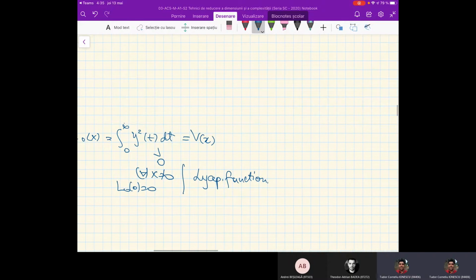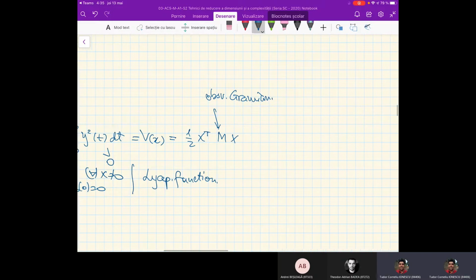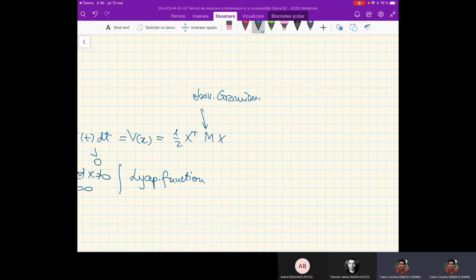And it's usually given as half x transposed times the observability Gramian times x. This is the observability Gramian. All right. And how do you assess stability in the Lyapunov way of thinking? You look at the evolution of the energy along the trajectories. Then you do V dot(x), the time variation of the energy with respect to the trajectories of the system.